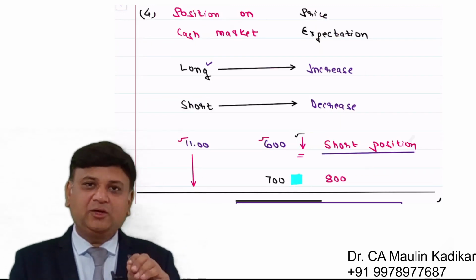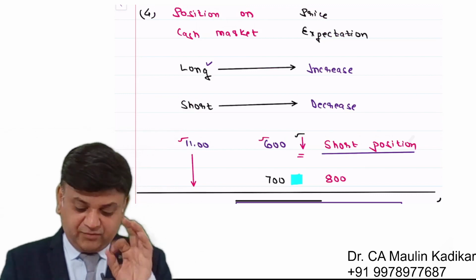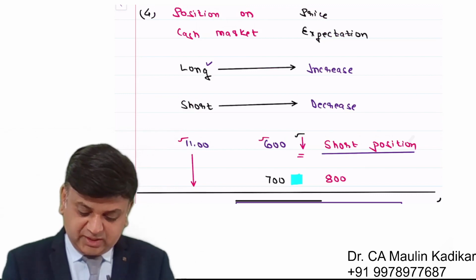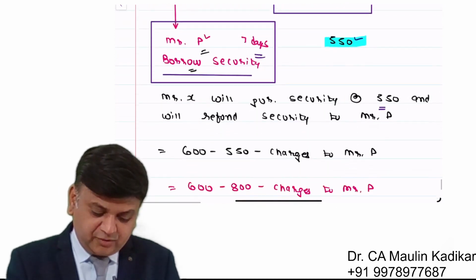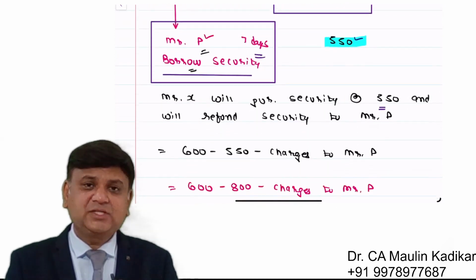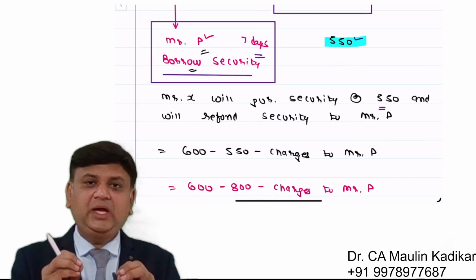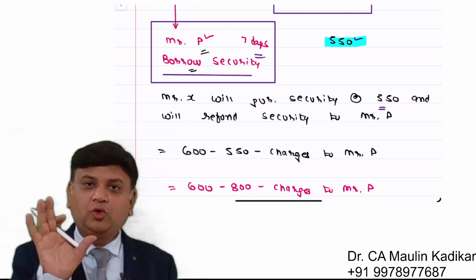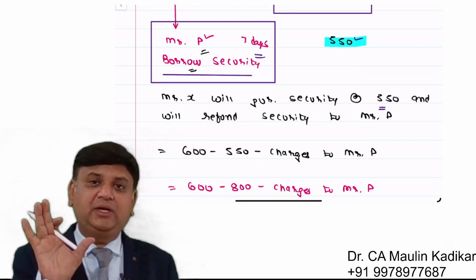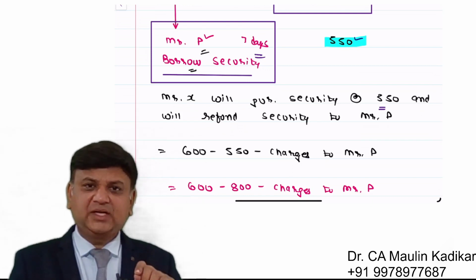So now I am dictating a note for this to you. One more thing that I want to explain over here is that from Mr. P's point of view, the lender of the security is usually a long-term investor who has decided to hold that investment for a long time period. That is what we understand.